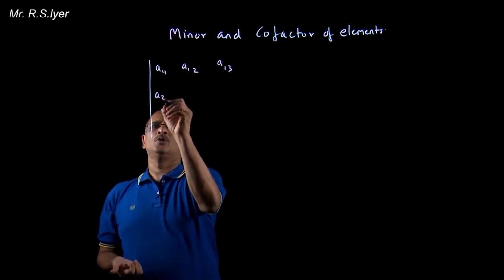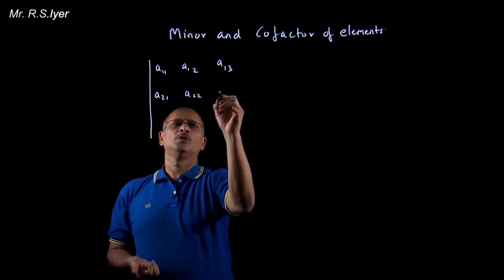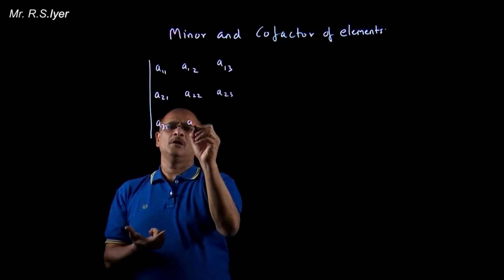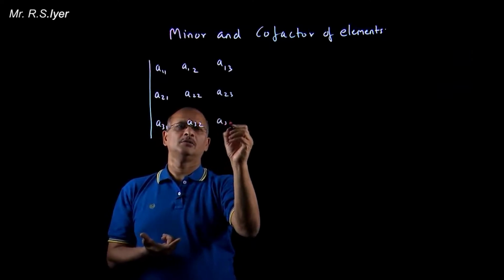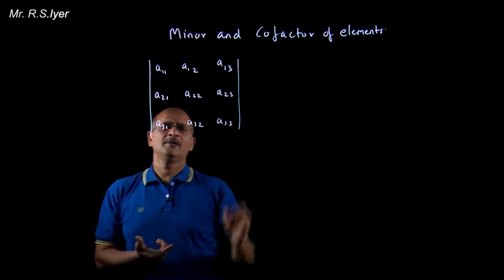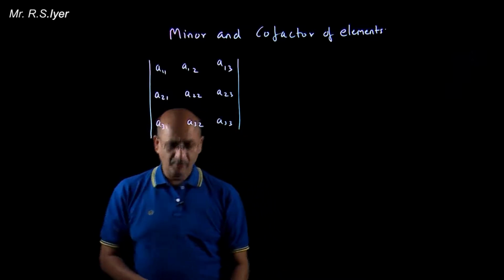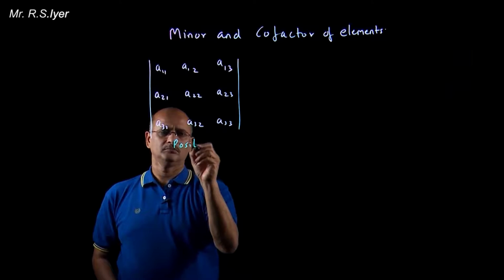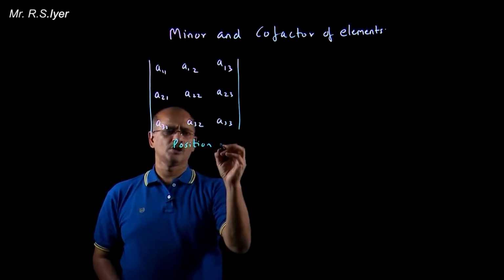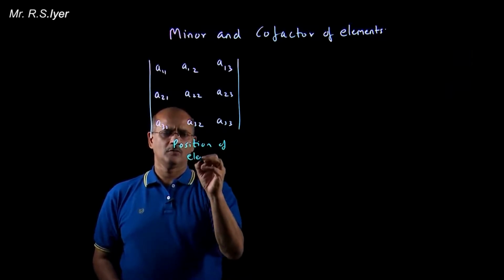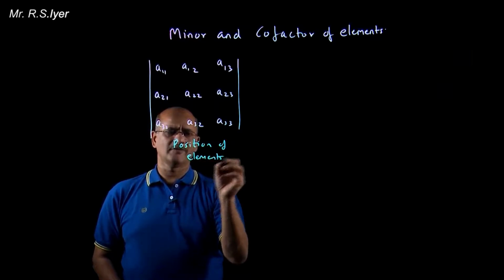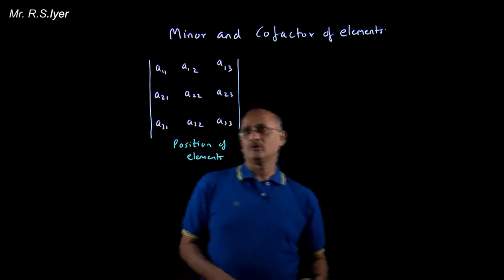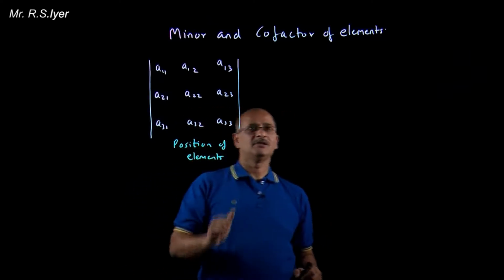Similarly, A21, A22, A23, A31, A32, A33. Now please understand, this is nothing but the position of the elements. They are not the value of the elements, so don't get mixed up.